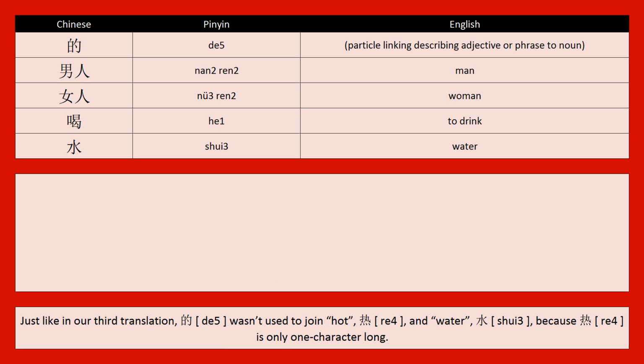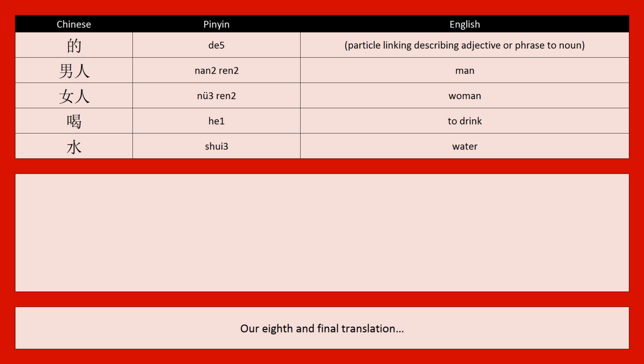Just like in our 3rd translation, 的 wasn't used to join hot, 热, and water, 水, because 热 is only one character long. Our 8th and final translation.